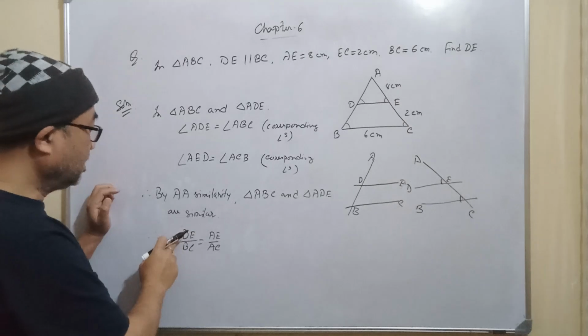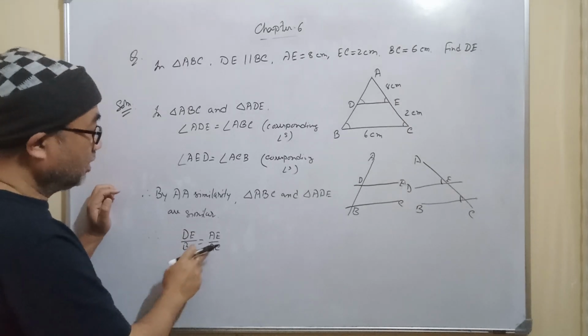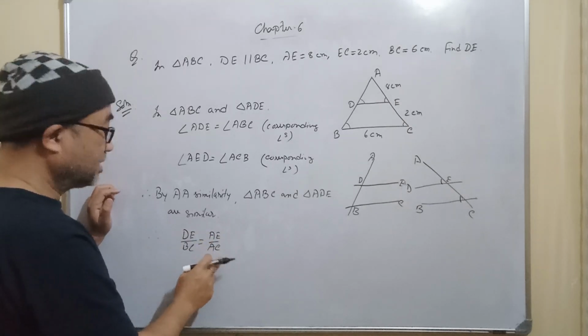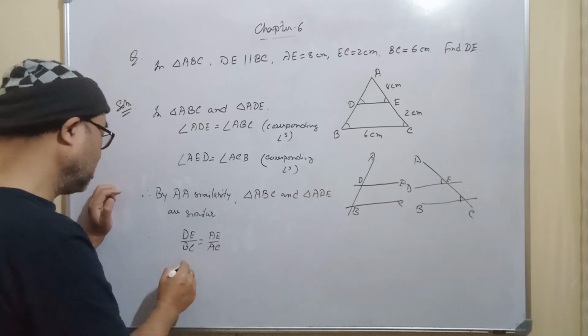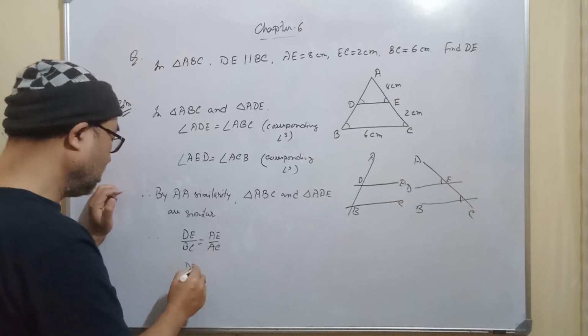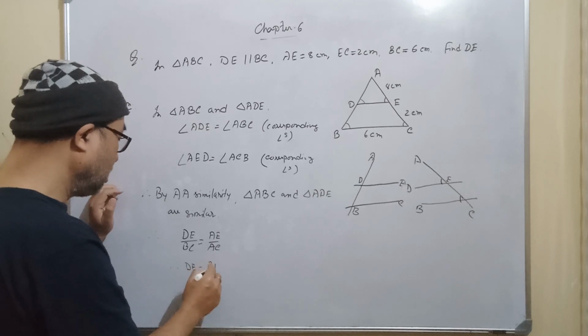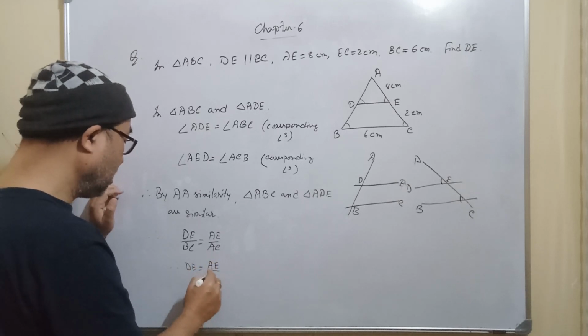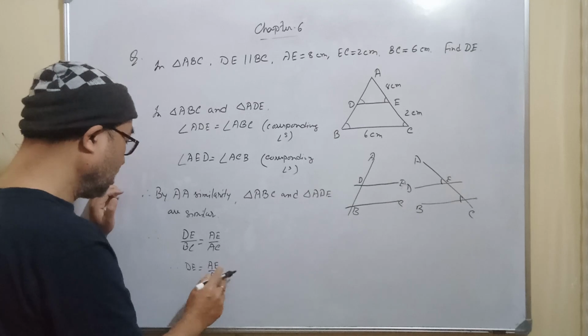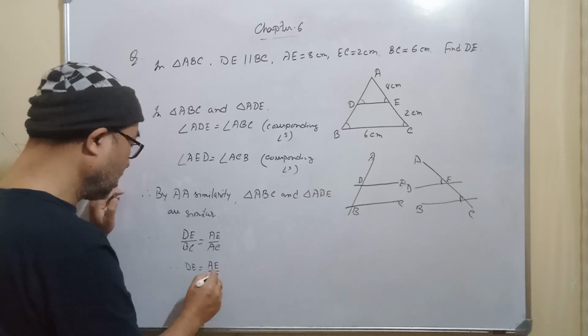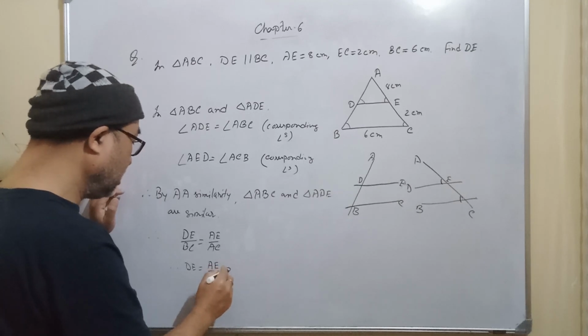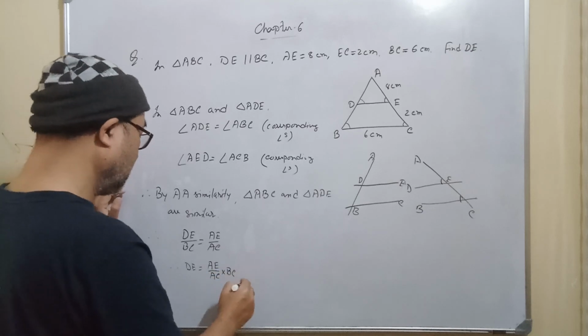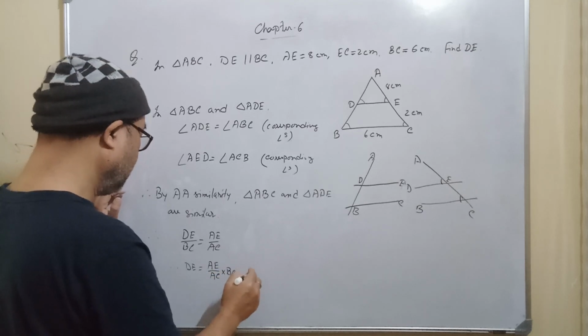So that is why DE by BC will be equal to AE by AC, which means DE will be equal to AE by AC into BC.